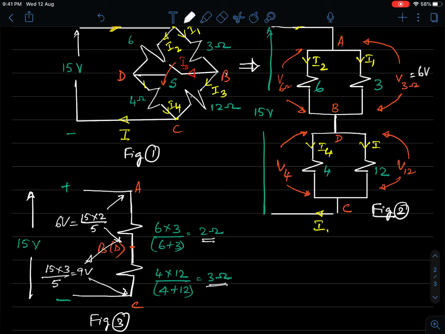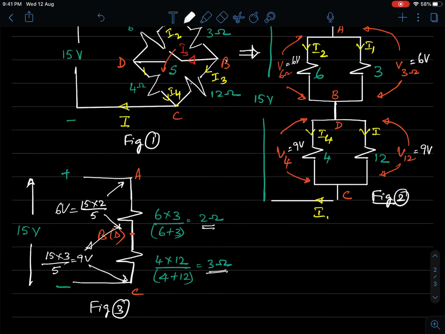This is also 6 volt because they are in parallel. Voltage across 12 ohm, what is this equal to? This is 9 volt, and that is the same as this, which is to be 9 volt. So we know the potential differences, we know the resistances, now we will write the current.